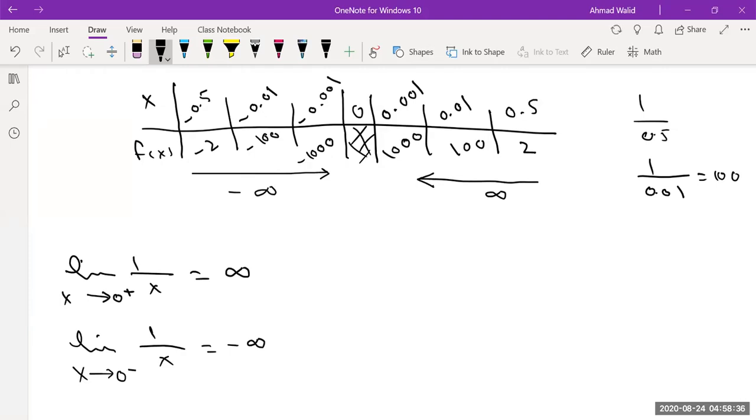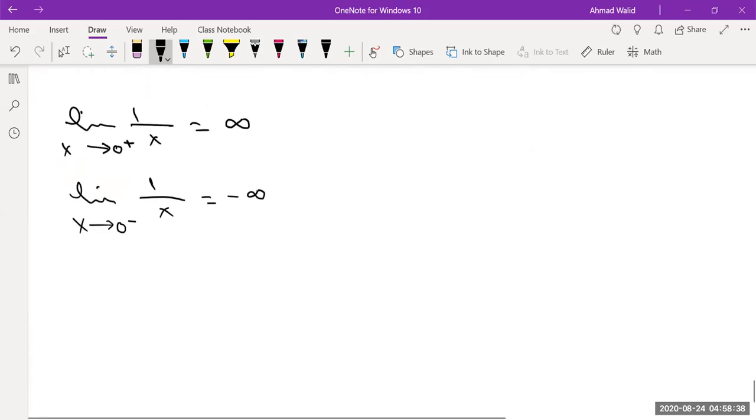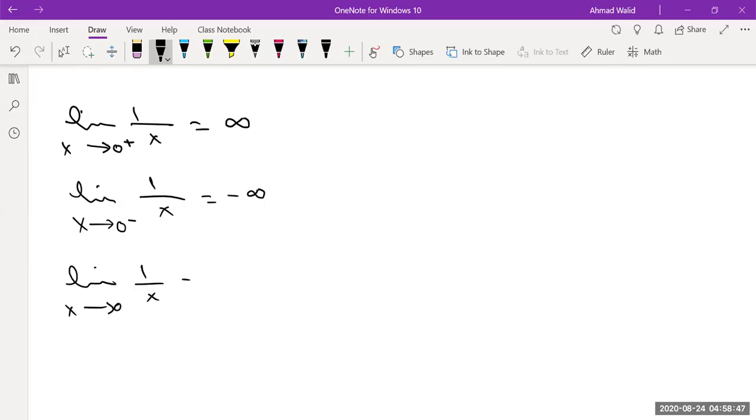Are these two limits equal to each other? Then the answer for the problem will be: the limit of 1 over x as x approaches 0 does not exist.